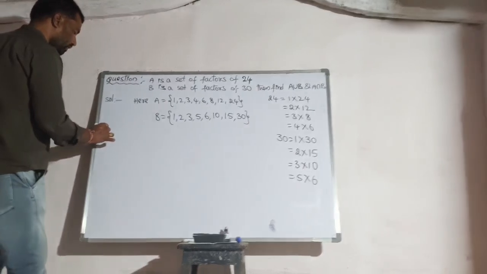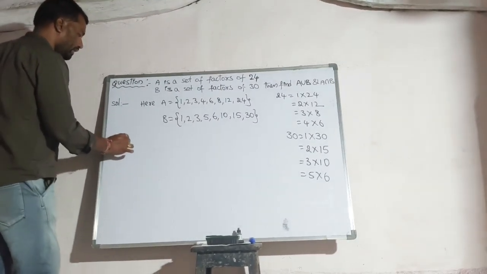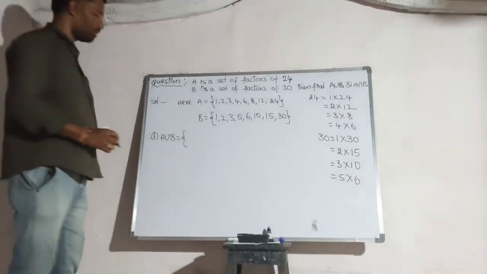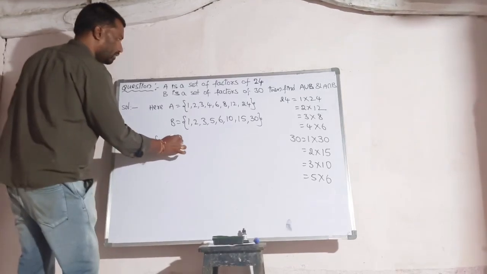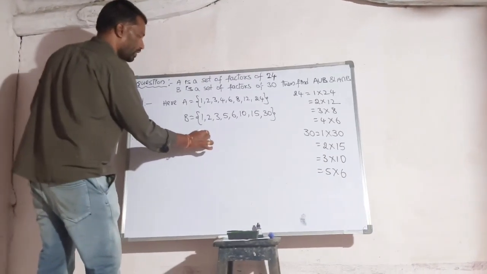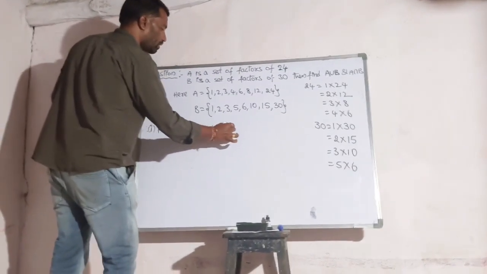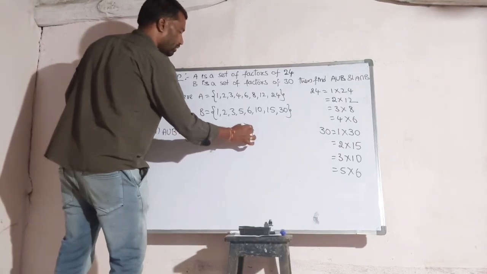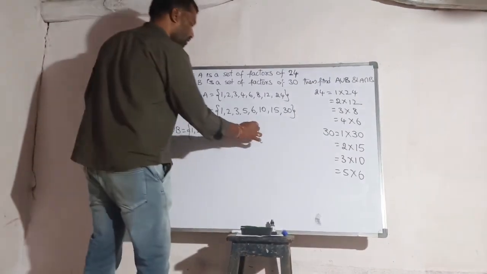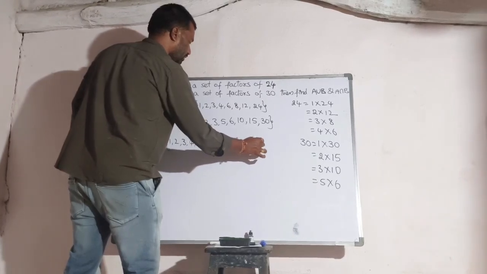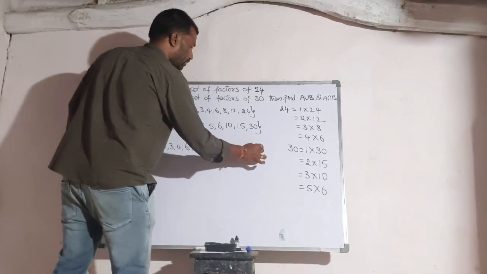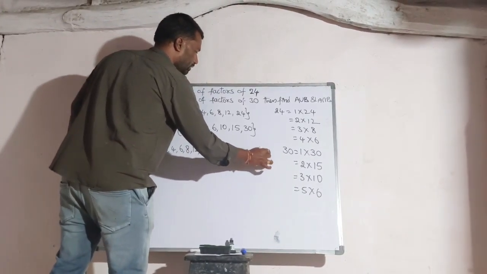Therefore, first one, A union B. Union means all elements. What is A? 1, 2, 3, 4, 6, 8, 12, 24. Union. What is B? 1, 2, 3, 5, 6, 10, 15, 30.